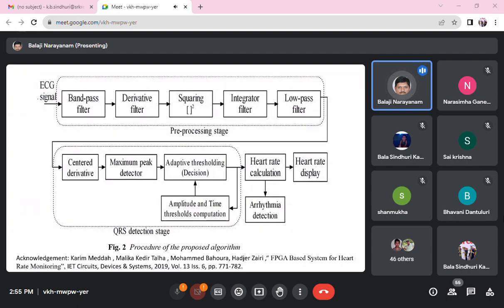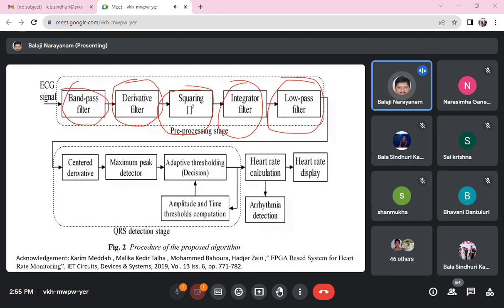In the pre-processing stage, the acquired ECG signal is passed through a band pass filter, then a derivative filter, a squaring operation, an integrator filter, and then a low pass filter. So you can observe 5 stages, 1, 2, 3, 4, and 5, during the pre-processing, which removes the noise from the ECG signal.